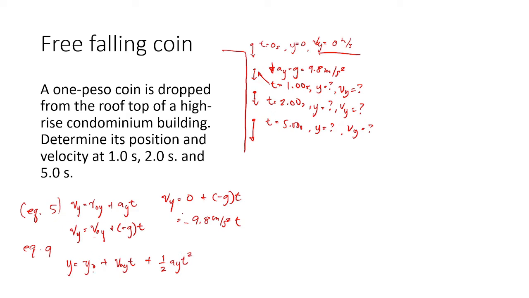And as you may have remembered, y0 will be 0, and v naught is 0, meaning 0 times time is 0 pa rin siya. And we will just be left with this.